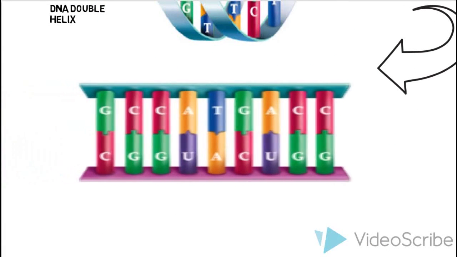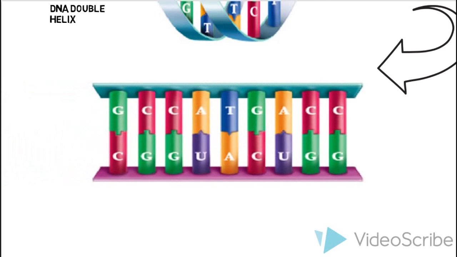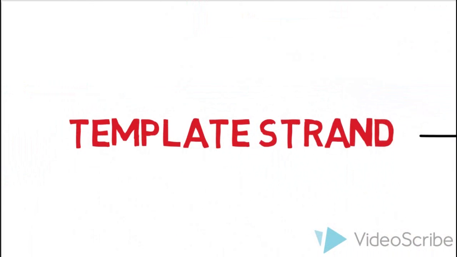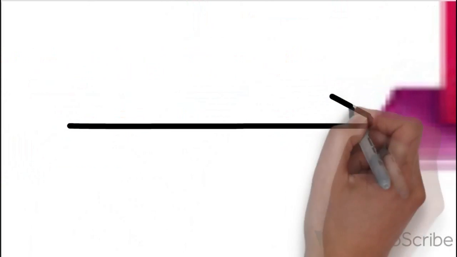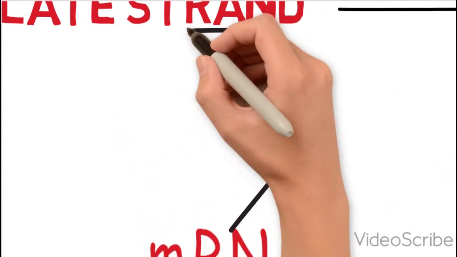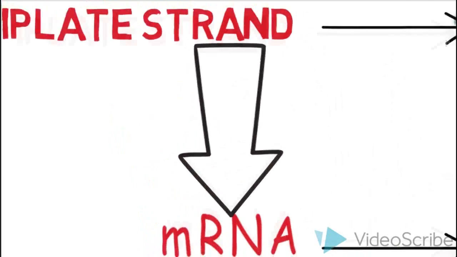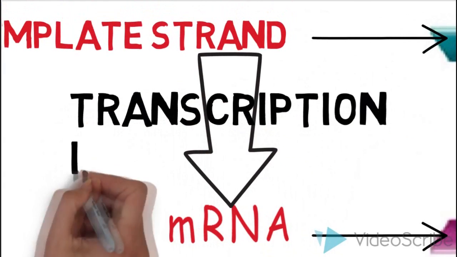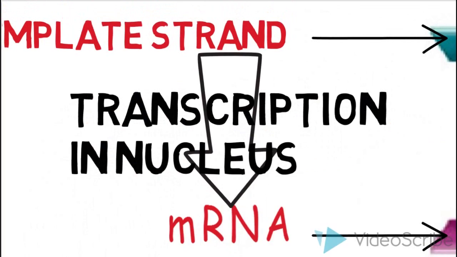Here you see the first strand is the template strand, and next it will give us messenger mRNA. This process is called transcription. It occurs in the nucleus.